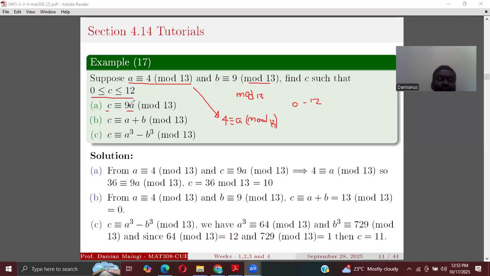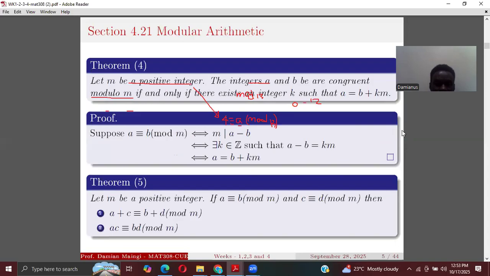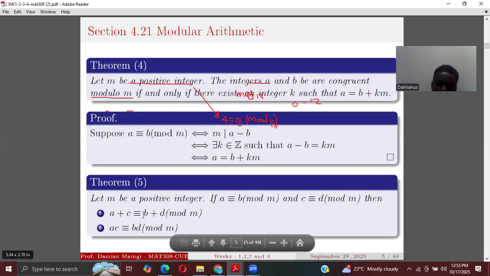The next thing is to make this A into 9. So if you multiply by 9, there's something else which I don't know whether you remember, but if you don't, I can remind you. The notes are here. These two we proved last time, and today I can claim that you can add congruences modulo.